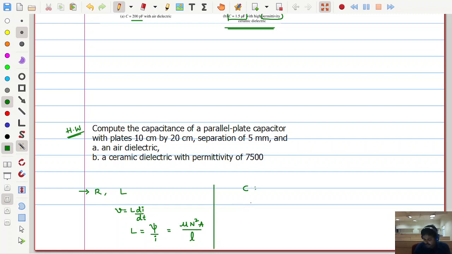I did not give the capacitor relationship, but later on I will give. C is equal to epsilon A by D. You can see from this expression how the capacitance changes if I vary epsilon, A, D. And apart from this, the Q is equal to CV expression is also very important. So try to get aware of all these expressions before going to the circuit analysis part.